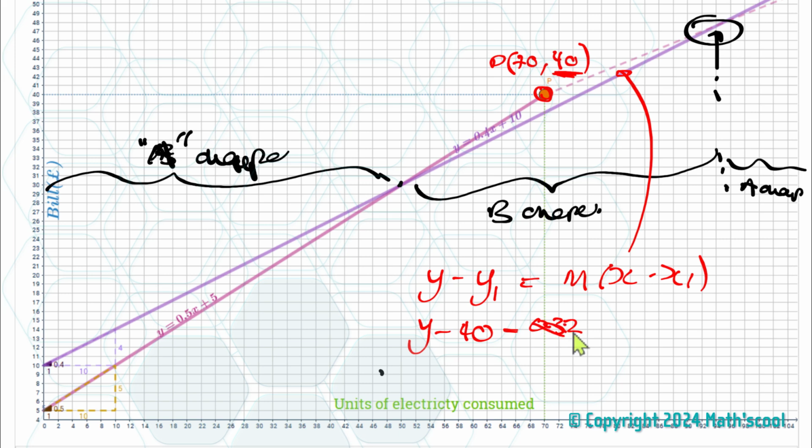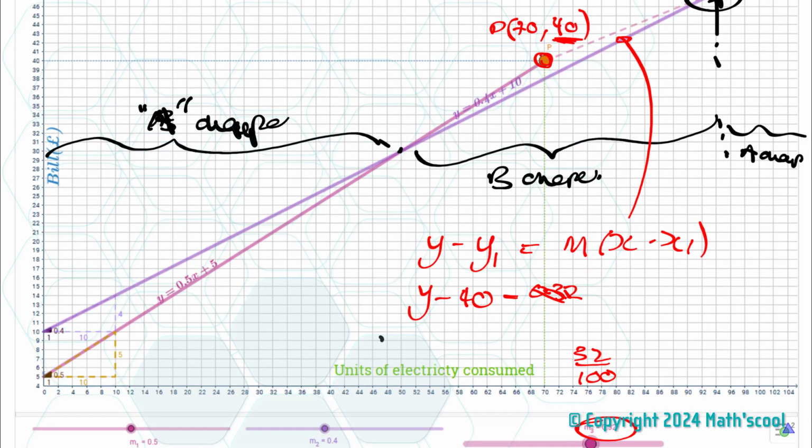0.32, or you can call that 32 over 100, which you can cancel down to 8 over 25. So you can call it 8 over 25. So y minus 40 equals 8 over 25 times (x minus 70).